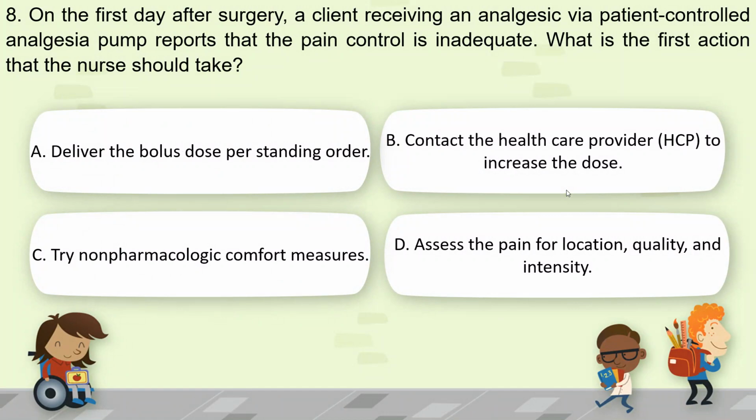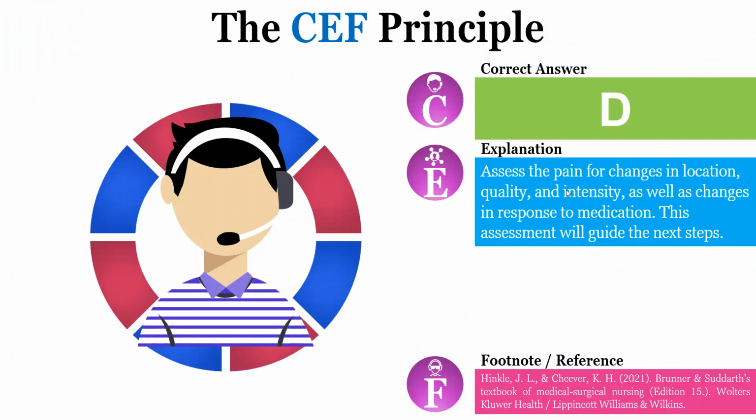In post-operative clients, pain could signal complications such as possible hemorrhage, the presence of infection, or a decrease in perfusion related to tissue swelling. Always assess pain first, then make a decision about giving medication, using non-pharmacologic methods, or contacting the healthcare provider. Number eight, D. Nine.